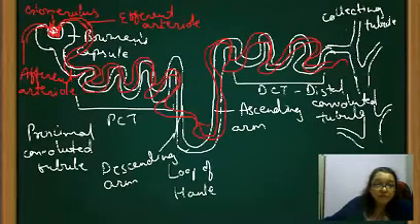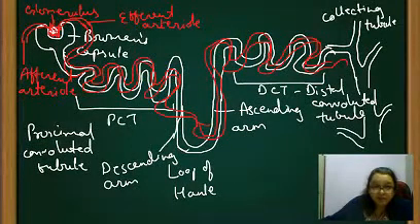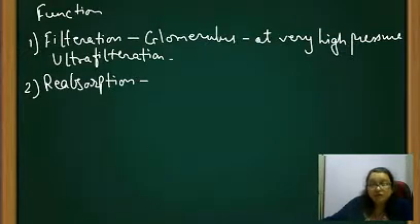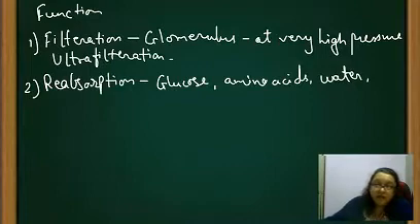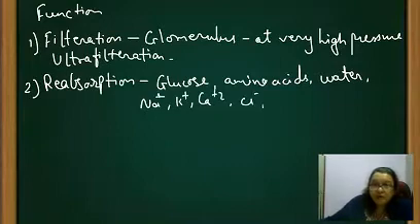When this urine passes through this PCT part, which is made up of many microvilli that increase the surface area for reabsorption, mainly glucose, amino acids, water, and many ions like sodium, potassium, calcium, chloride, and bicarbonate ions get reabsorbed from the PCT part.